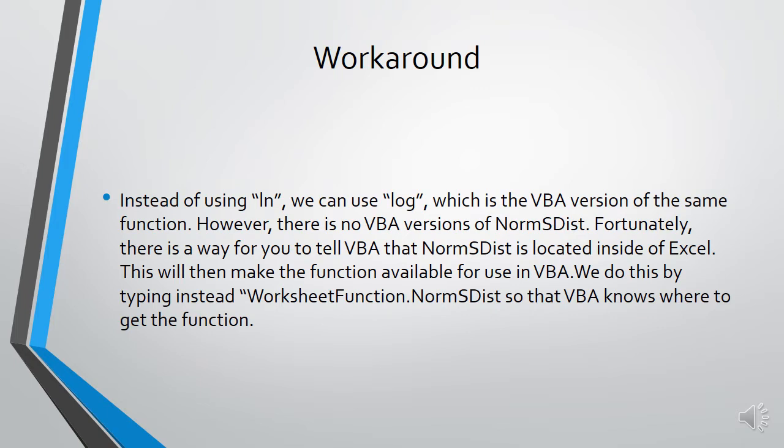Right now, we're at the back end of Excel, which is Visual Basic, which is code driven. For VBA to know about that, we need to call it using the WorksheetFunction keyword. Then we name the function that we use. I hope this workaround will help you when you're solving the problem of the Black-Scholes formula in part of your task.